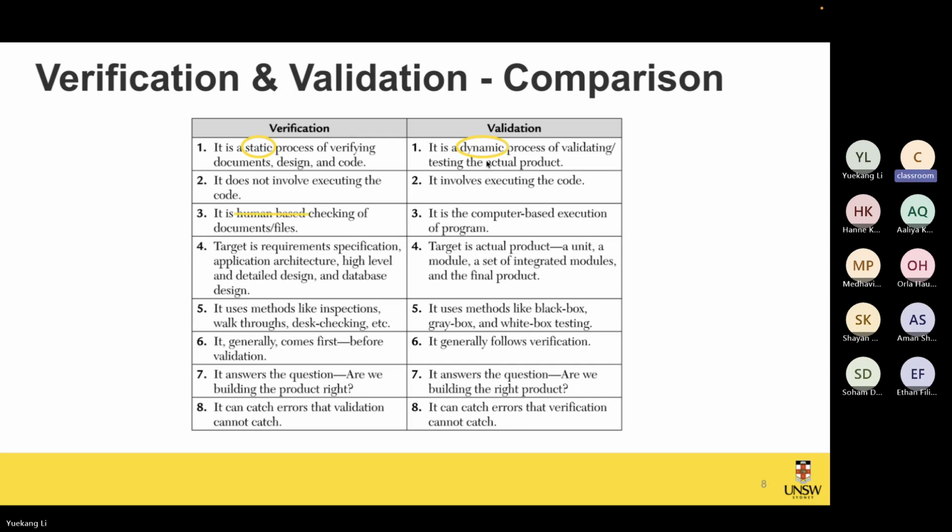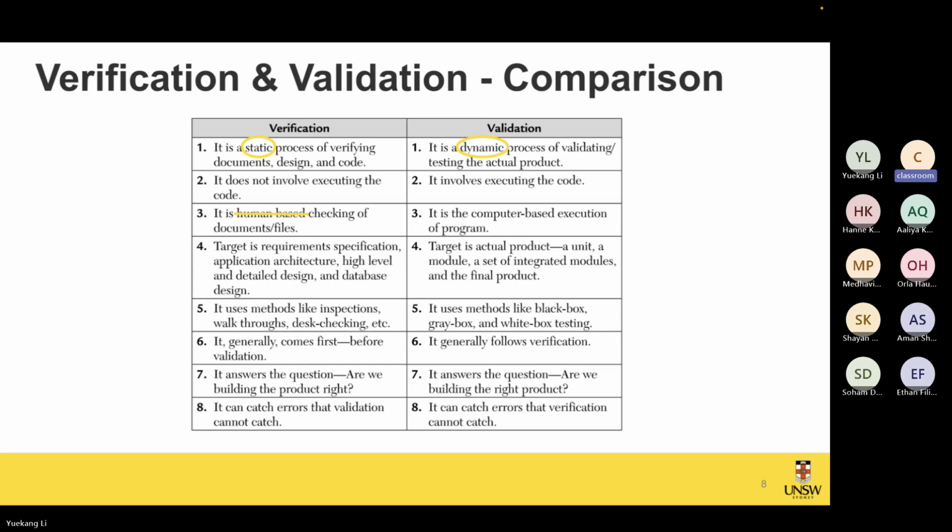And the second key thing here is that this was actually a screenshot from a textbook, and by that time, verification was normally done by human experts manually. So people were writing mathematical proofs to prove that the software can really meet some specifications. So it is often a human-based process.